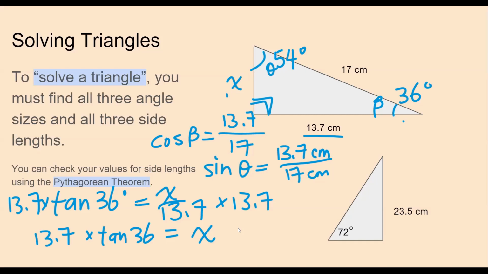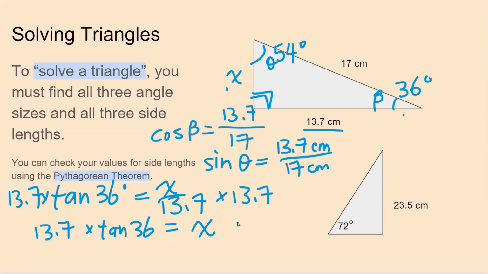So tan of 36, bracket, times 13.7. That gives us 9.95. So let's just round that up to 10. X is equal to 10 cm.